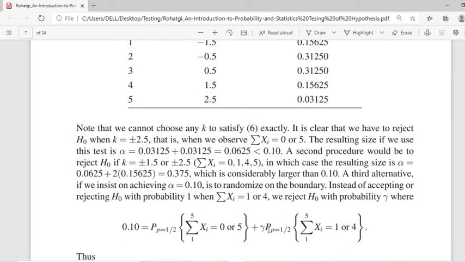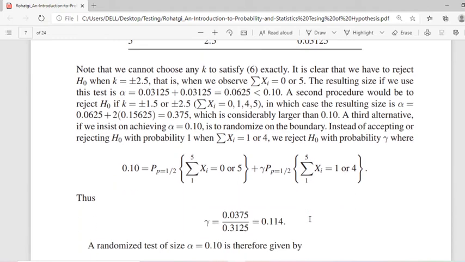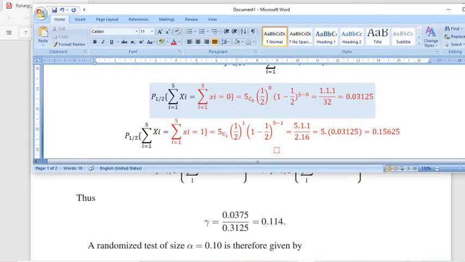What is the probability of summation x equal to 1 or 4? That is 0.15625 plus 0.15625. We can substitute those values here and obtain gamma. What is the value of gamma? Let us compute that formula.